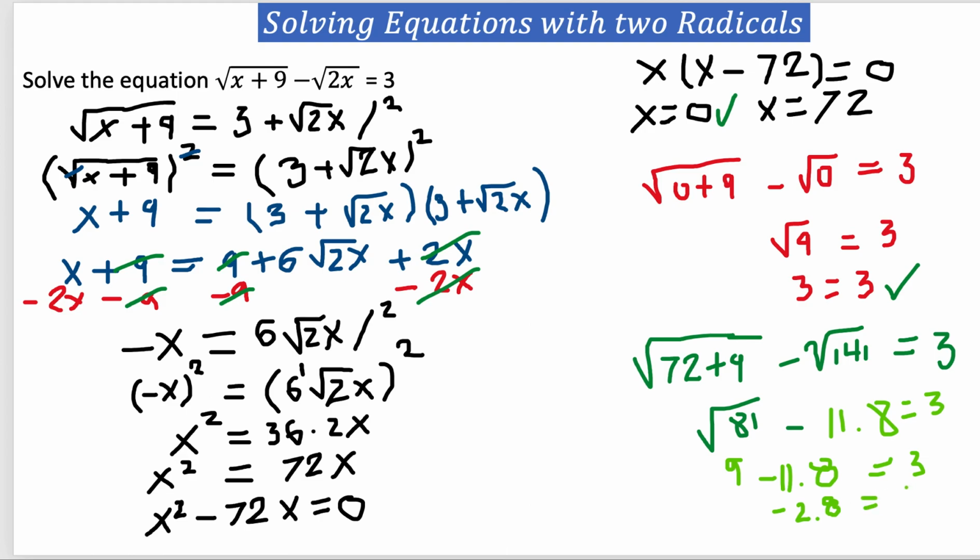This is not equal to 3, those two sides are not equal, and because those are not equal, it means the solution x equals 72 is not valid. So this is not the solution, it is an extraneous solution. So x equal to 72 is an extraneous solution, while the other one, x equal to 0, is the only solution here.